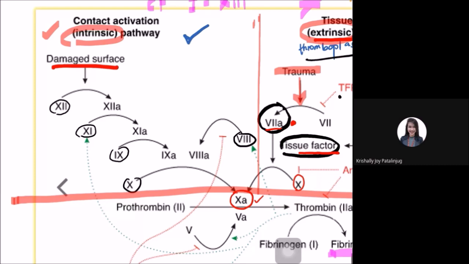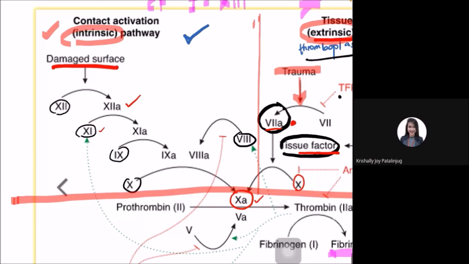That triggers activation of several factors. Factor 12 is activated, becoming 12A, which is responsible for the activation of clotting factor 11.